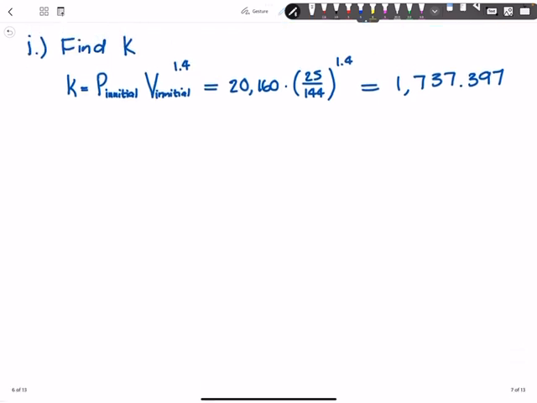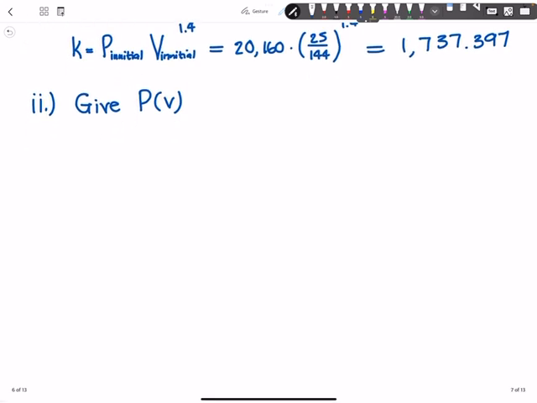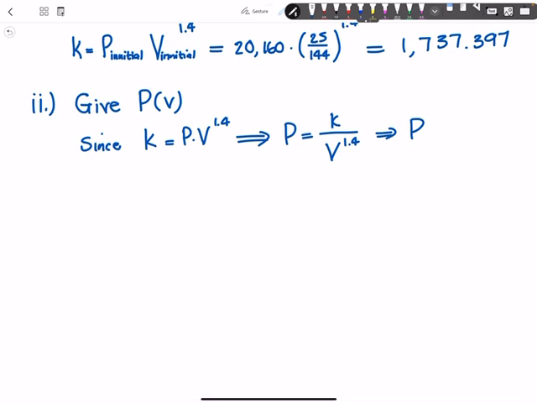We found K. Step 2: now that we have K, we can give the pressure as a function of V. Remember, since K is equal to P times V raised to the power 1.4, we can just solve here for P. If we solve for P, we see that P is equal to K divided by V to the power 1.4.